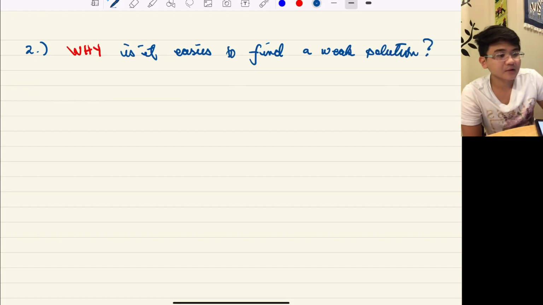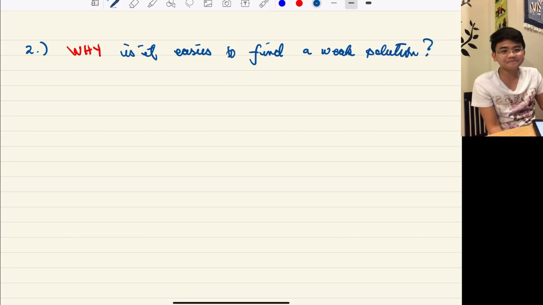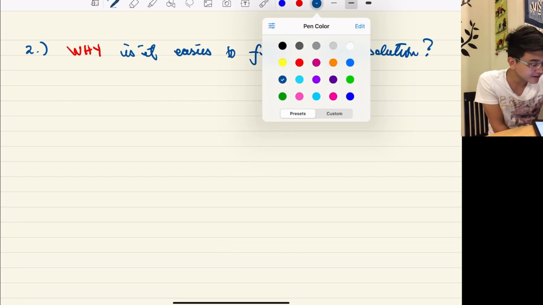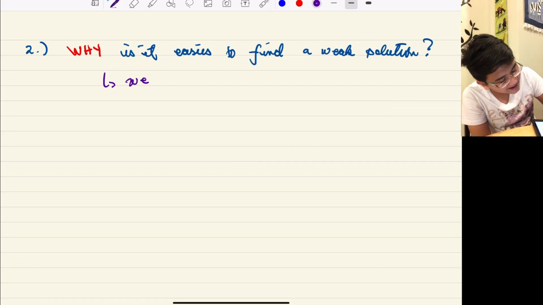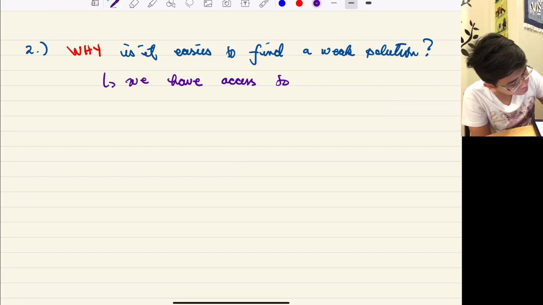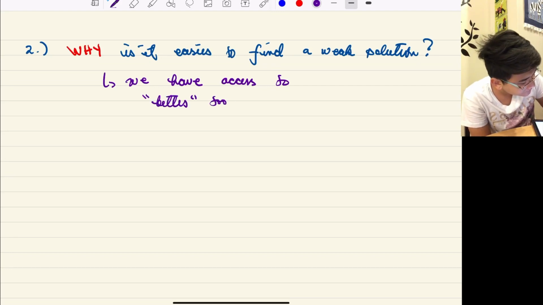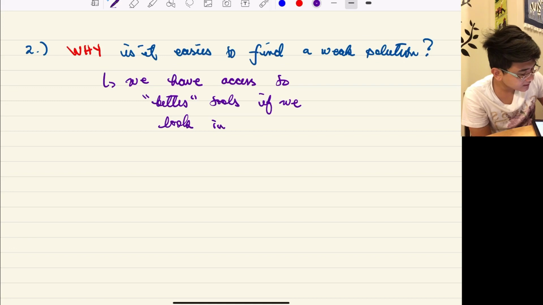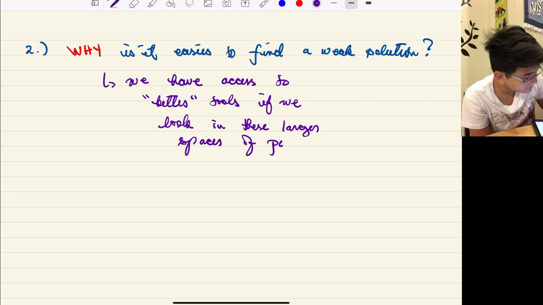The short, naive answer is that we have access to, quote unquote, better tools if we look in these larger spaces of possible solutions.